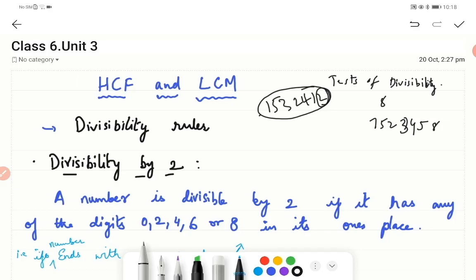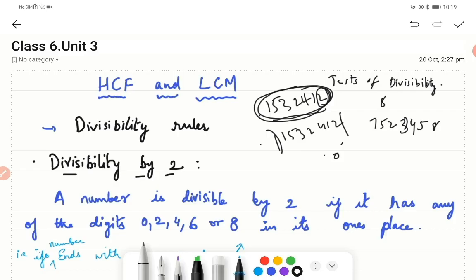In a similar way, if I ask can this be divided by 3, how can you do? You sometimes go by just dividing this whole number by 3, isn't it? So it will take a long process to do that. If you get remainder 0, then you will say that this number is divisible by 3, isn't it?